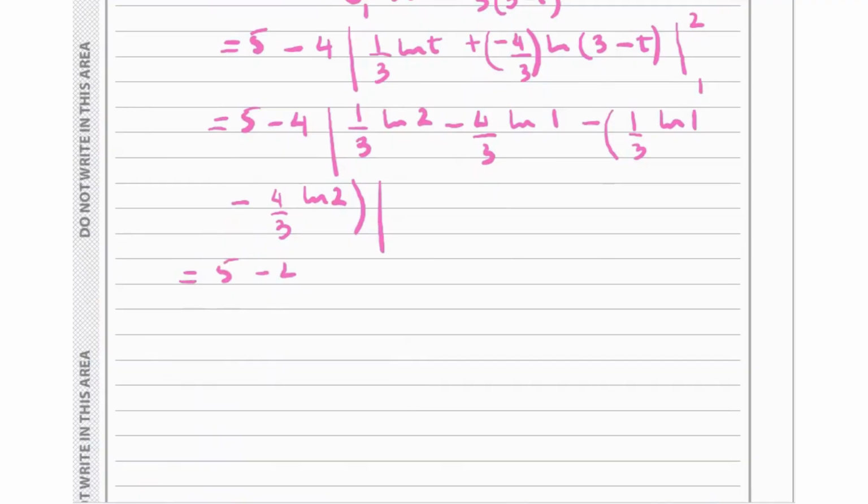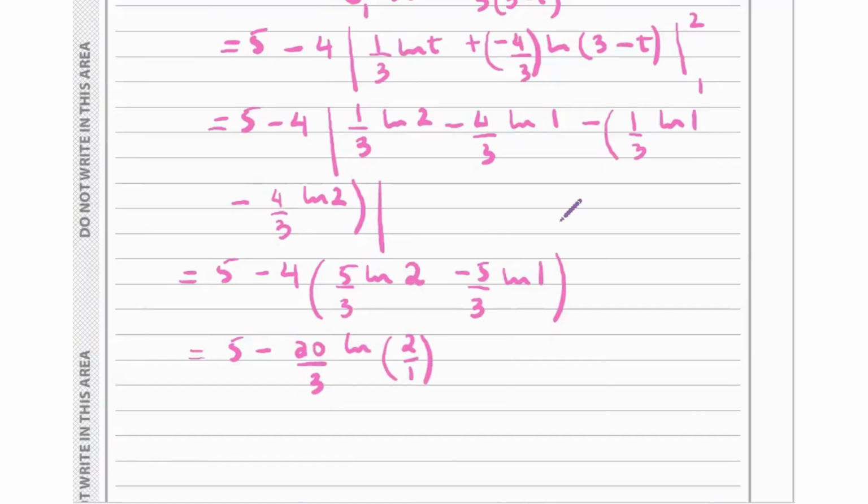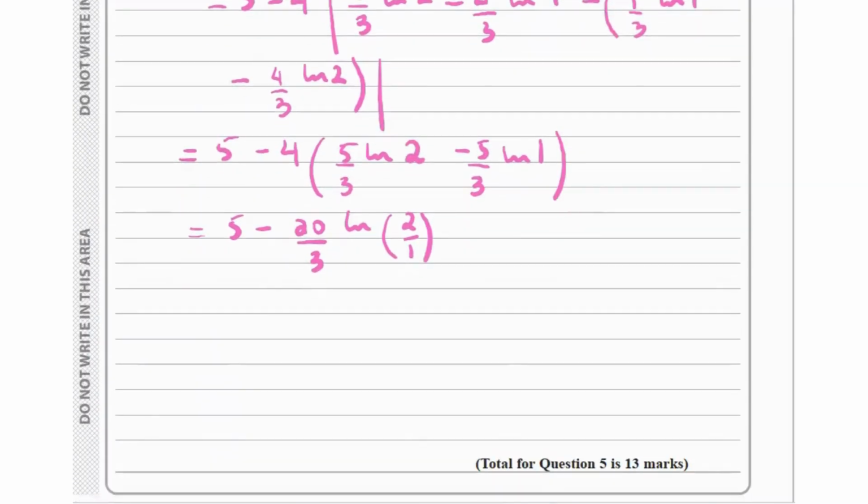5 minus 4 bracket 5 over 3 ln 2 and minus 5 over 3 ln 1. So 5 minus 20 over 3 ln 2 over 1. We're combining the ln's. When they're being subtracted, you can divide them.